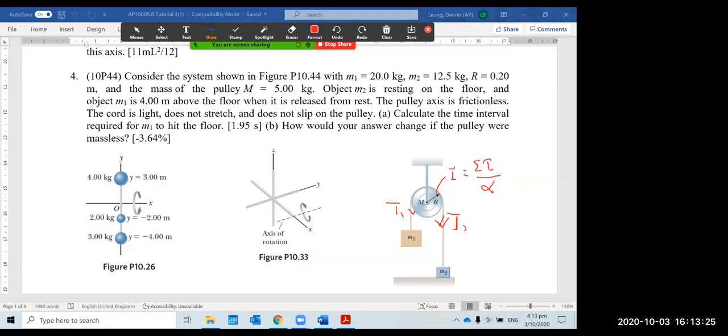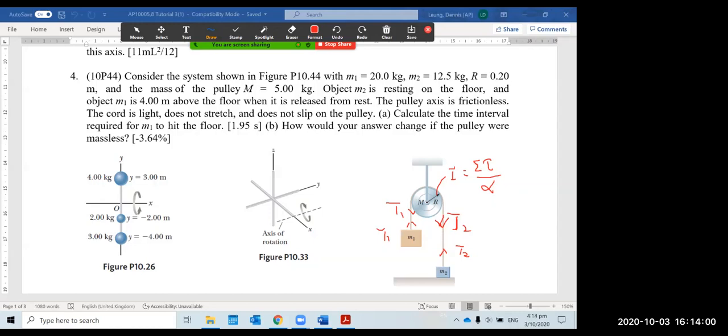So there are different tensions, T1 and T2. The tension in the string on mass 1, let us call it T1. The tension in the string on mass 2, let us call it T2. So the difference of tensions in the string is the reason for the net torque acting on the pulley.